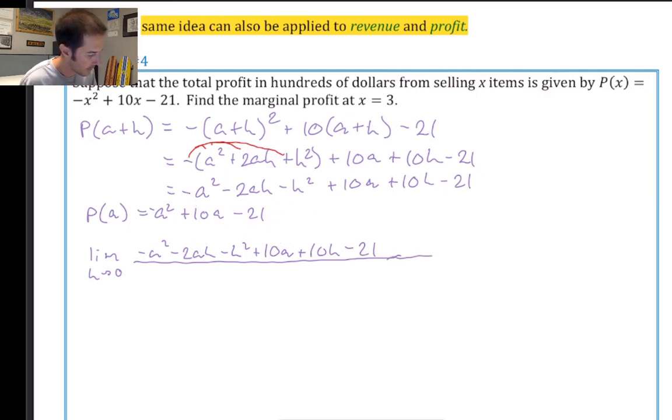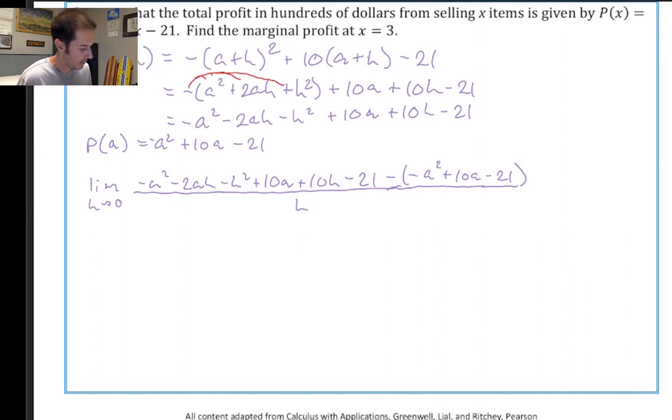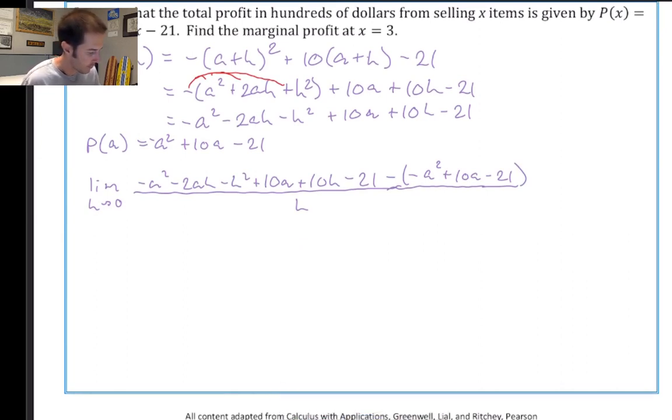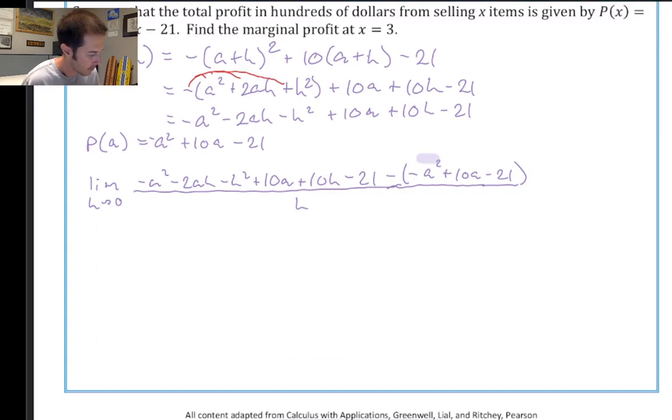And then I have to extend this line a little bit because now we need to subtract. And then in parentheses, negative a squared plus 10a minus 21. Goodness. All right, let's start canceling some stuff out. First, we're subtracting a negative a squared.